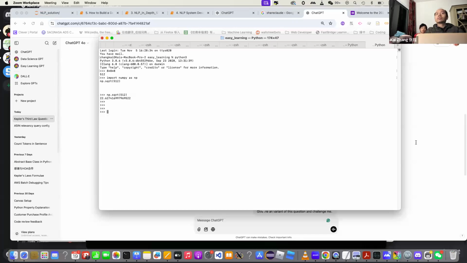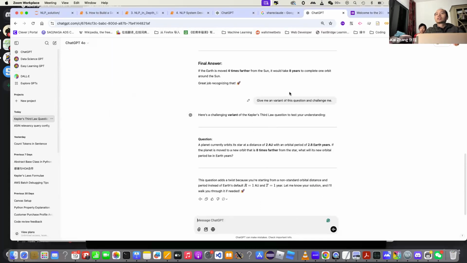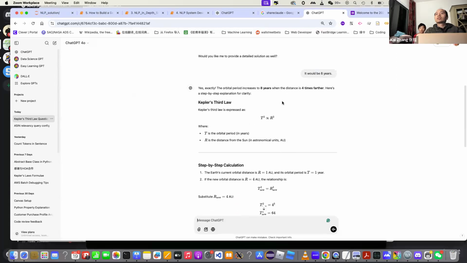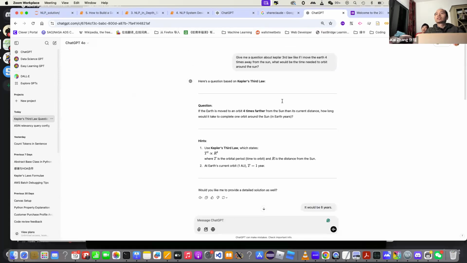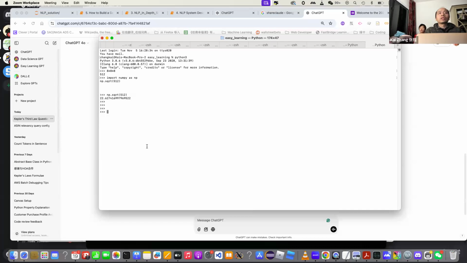And then you need to multiply it by the current period, which is 2.8 Earth years. So you need to multiply it by 2.8. So that will be 63.35.